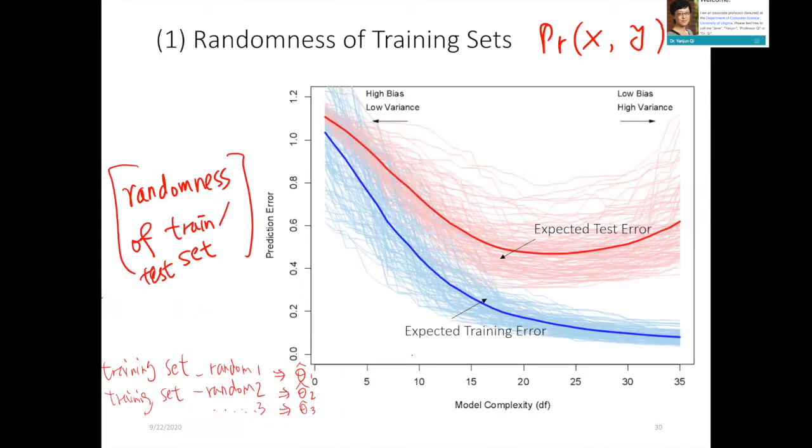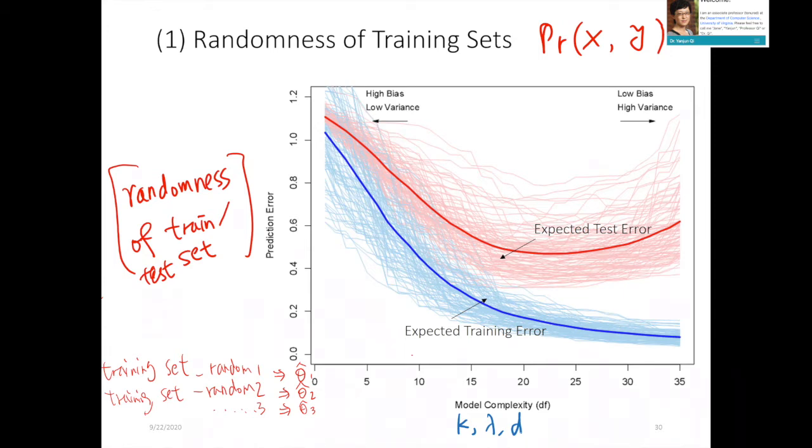Now I want to show you this figure, which is the one we normally show. The previous figure, you will actually draw in homework 2, for one training data set, while changing the model complexity. This can be the k in k-nearest neighbor, lambda in ridge regression, or d in polynomial regression.